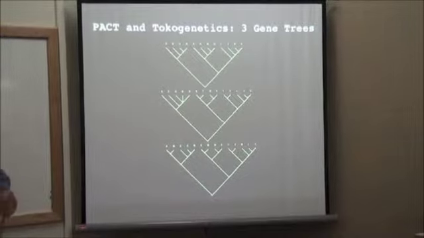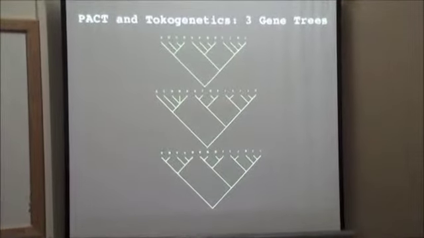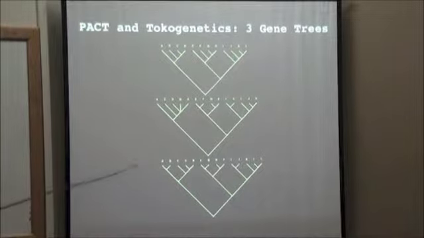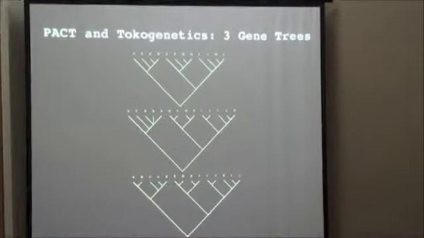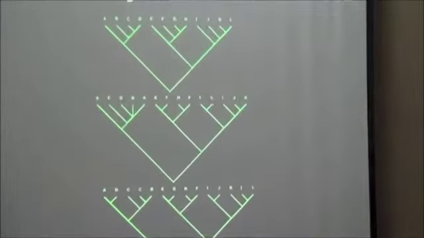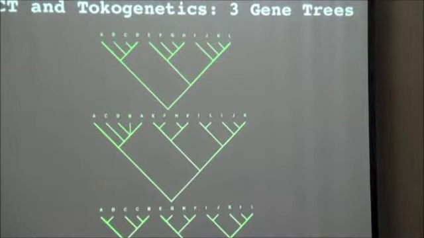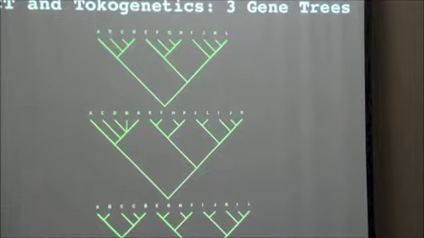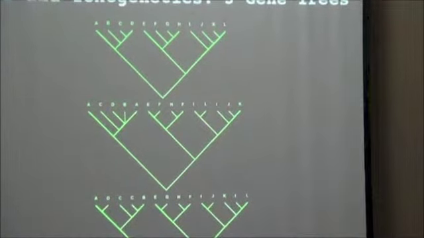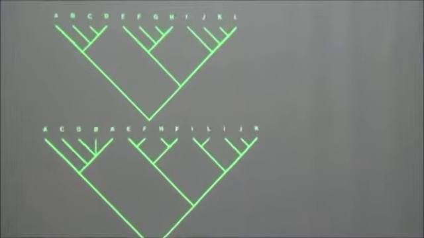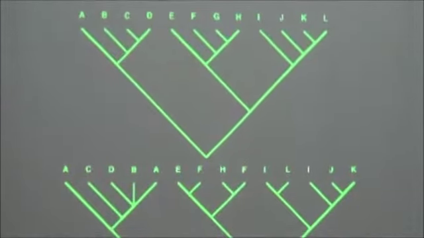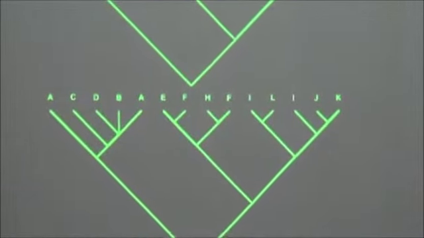And it turns out that there are a couple of reasons we might want to do that. So here's an example now. What we have here are 3 gene trees. So these are basically phylogenetic trees of populations, and the letters represent populations. And these are gene trees based on haplotypes in different populations for 3 different genes, for the same populations of the same species, or more than one species.